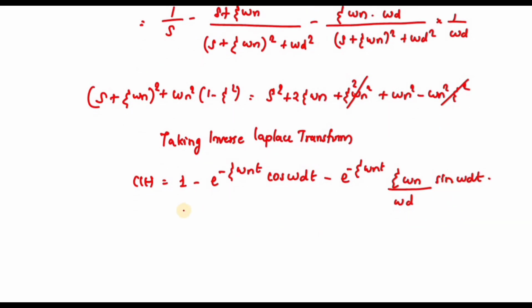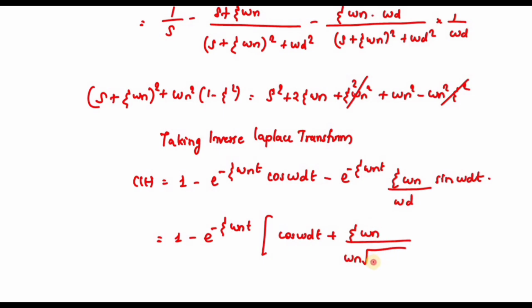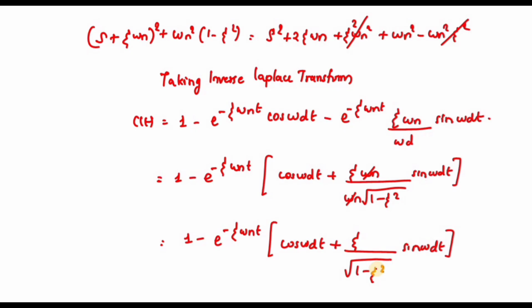If I take e power minus damping factor into omega n t common, I will get cos omega d t plus damping factor into omega n divided by omega n into root of 1 minus damping factor square, sine omega d t. So this omega n and omega n get cancelled out, and I can write the equation like this.